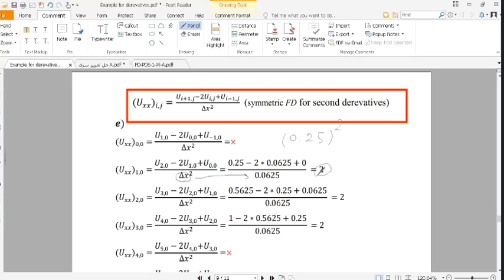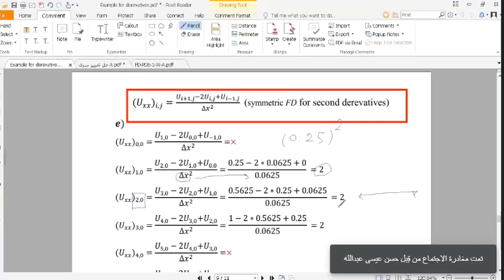For the next point, uxx at 2 and 0 means uxx at x2 and also t0, which means we are still in the first line. In the first line, t is constant, and we have t0 equal to 0.